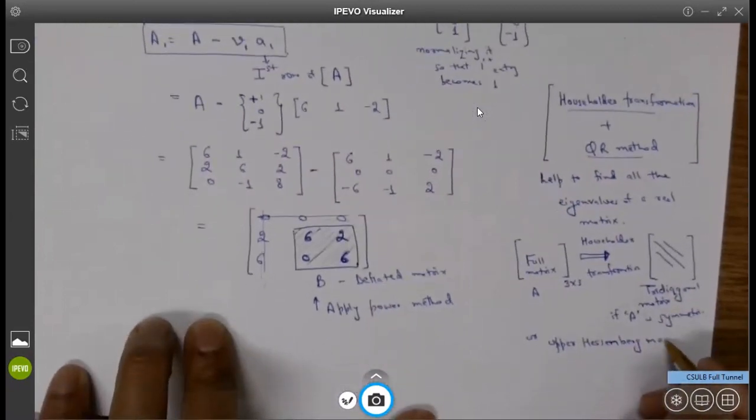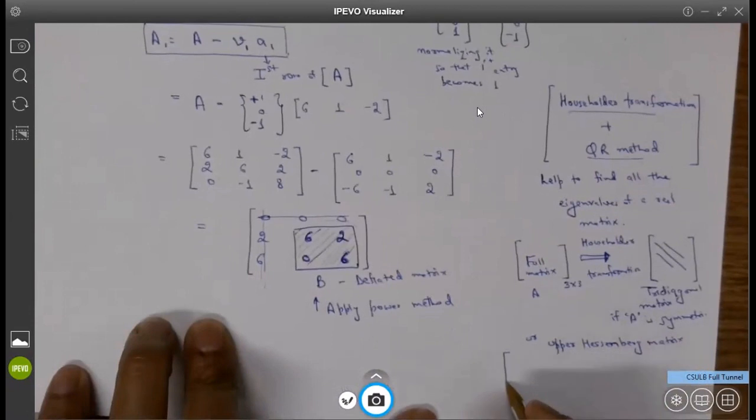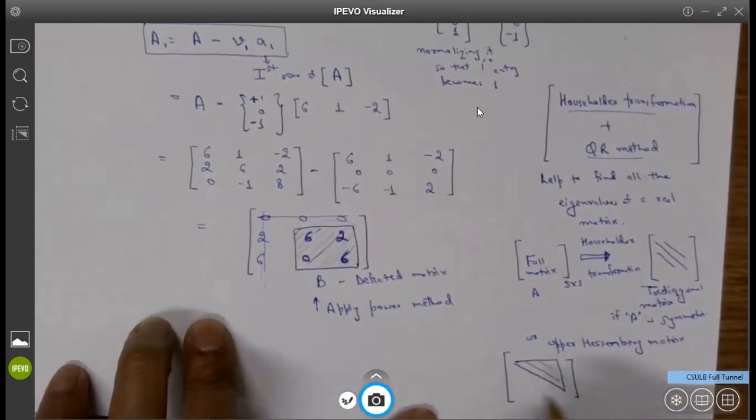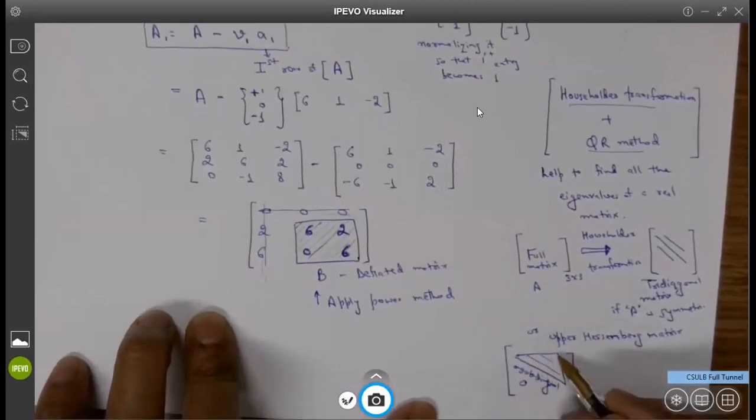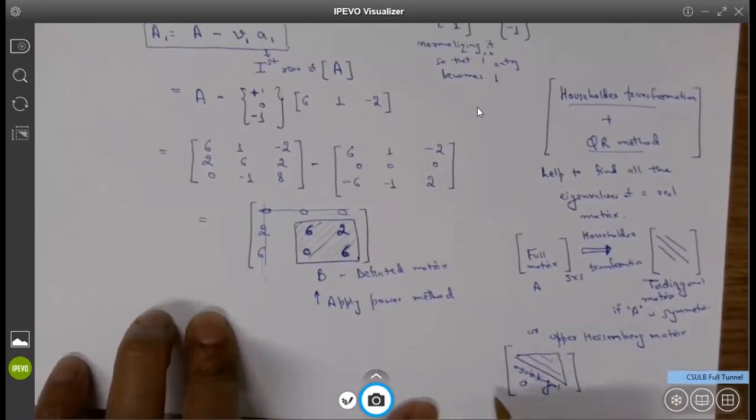Upper Hessenberg matrix, wherein the matrix is in the form like this. You have diagonal elements, you have all the elements above the diagonal, and you have sub-diagonal elements, otherwise everything is zero. Below the sub-diagonal, everything is zero.